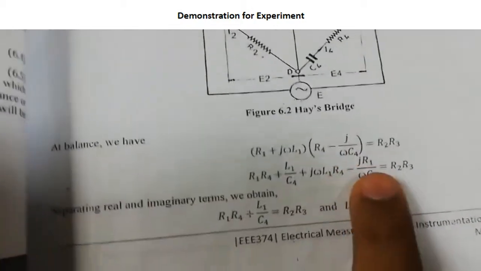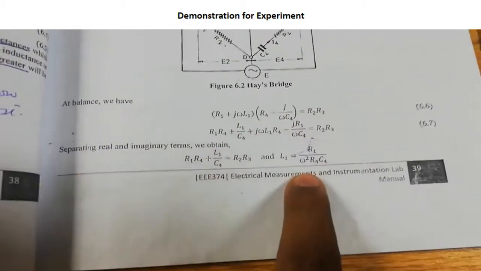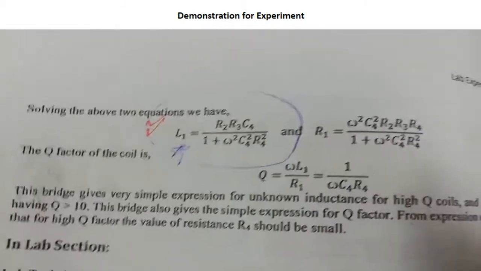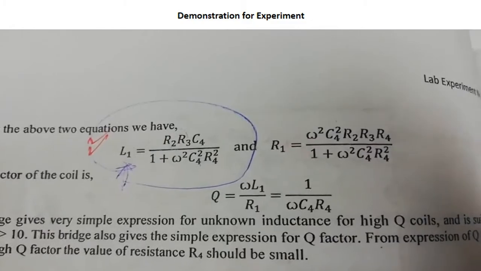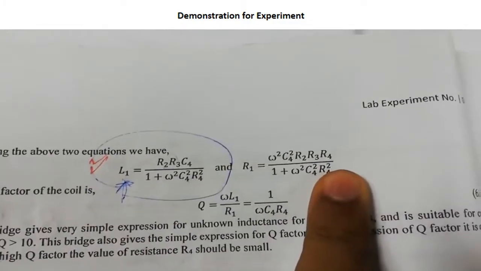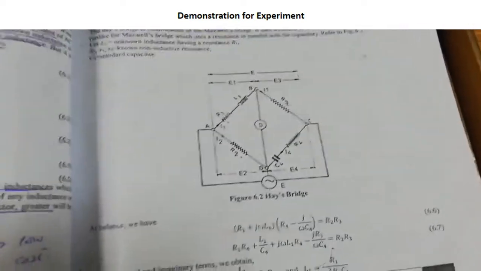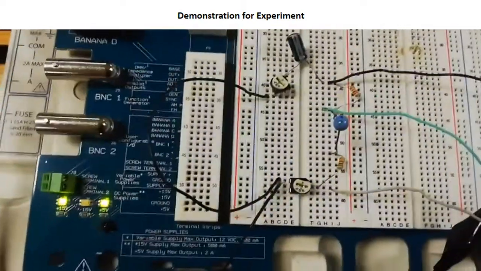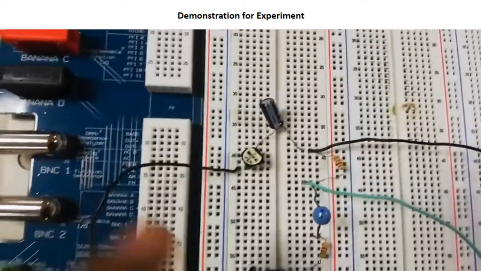Here are our inductive parts multiplication equal to the discrete fixed parts. These are the formulas for the calculation of unknown inductance and unknown resistance. You can see a difference, as previously we have calculated from the Maxwell bridge that are relatively easy.